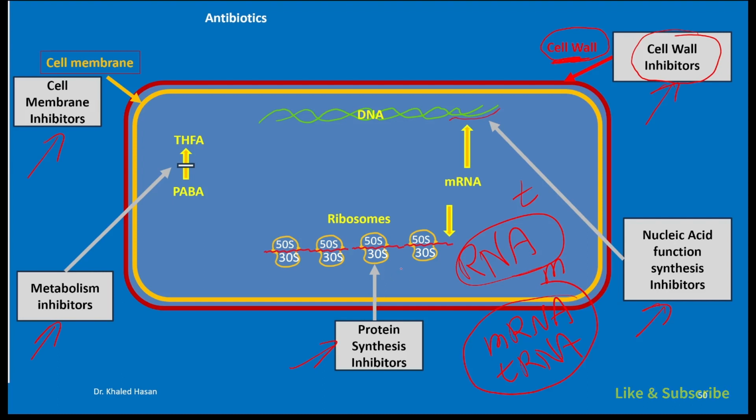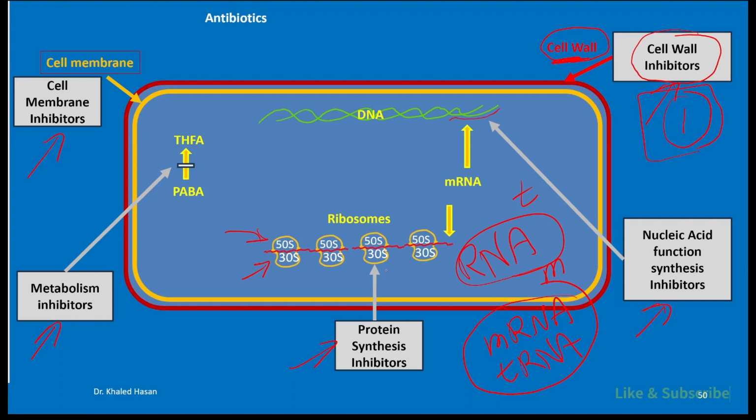So for protein synthesis, we are speaking about RNA, and here we have 2 main subunits: the 50S subunit and the 30S subunit, responsible for the synthesis of protein. We need to remember the 50S and 30S subunits to differentiate them from the human subunits, which are 60S and 40S. So the first group is antibacterials that work on the cell wall, which we call cell wall inhibitors.